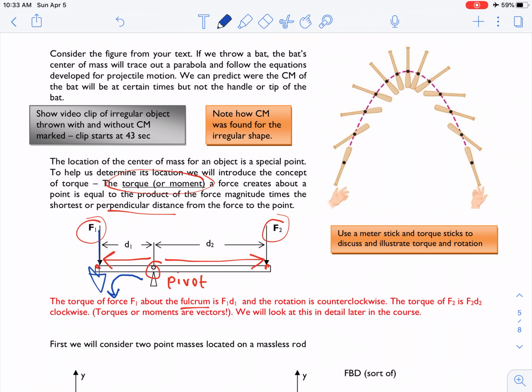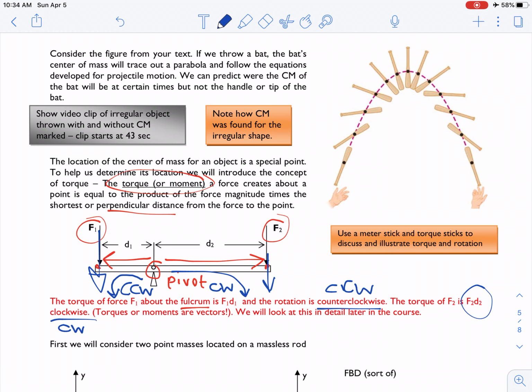If you look at the right side, the torque magnitude is going to be F2D2, because you multiply the force and the shortest, perpendicular distance from the pivot point to the force point. And since this side is pulling down and the object rotates around the pivot point, I'm following the force direction, and I'm getting clockwise direction. Clockwise, we will be using CW.